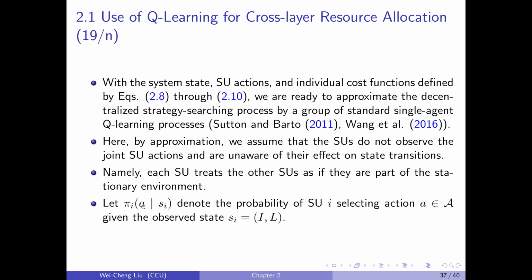Let pi_i(a|s_i) denote the probability of secondary user i selecting action a, which is in capital A. Okay, what is capital A?